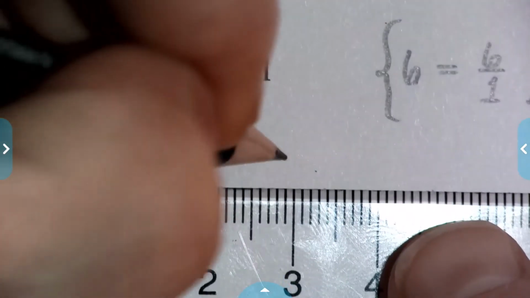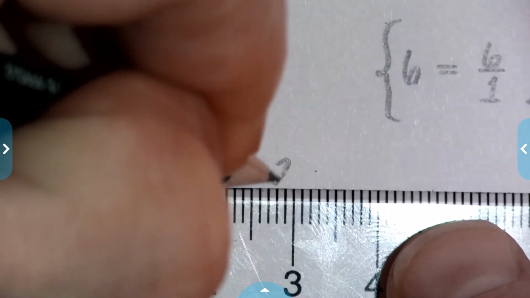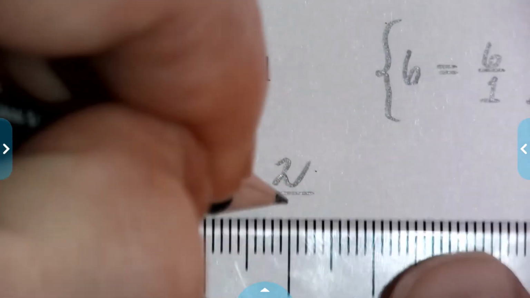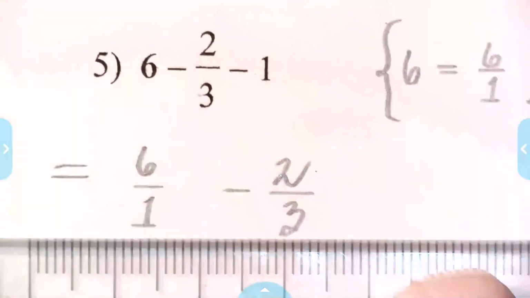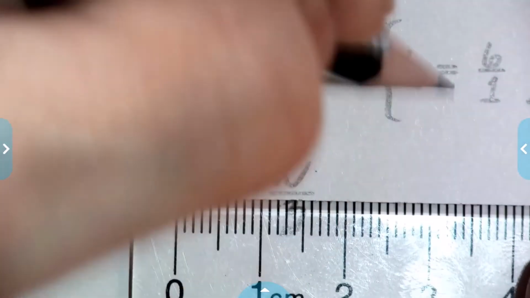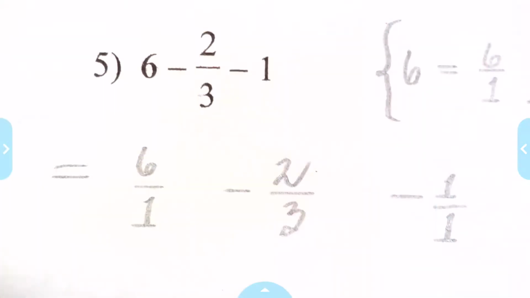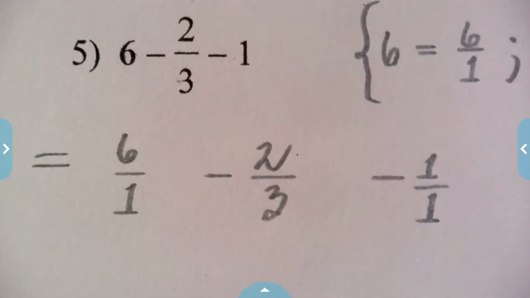You'll see why in a second. 2 over 3. And then, again, some blank space on purpose. And then minus 1 over 1. All right, now why did I leave the blank space?